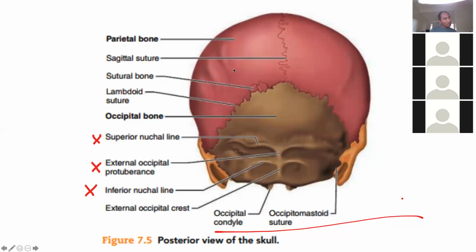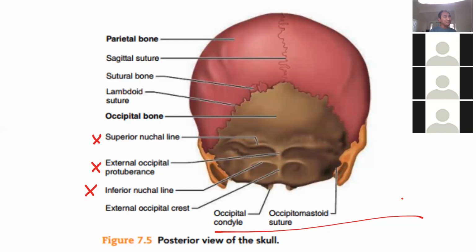So one left parietal bone and right parietal bone. Don't forget right and left, because this is anatomy, and the cadaver or whatever you see is in anatomical position. It is you and me who are rotating around the patient or the cadaver.